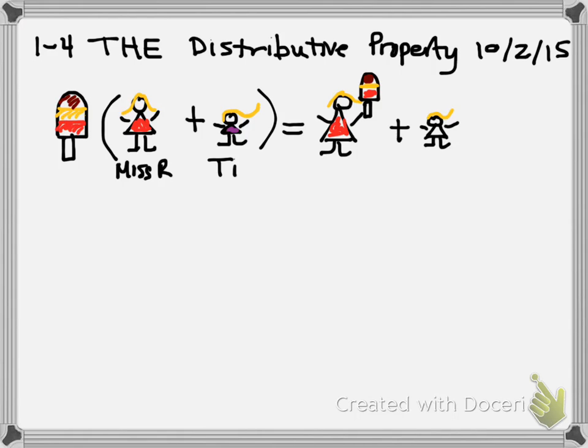And a purple dress. Shh. There's a lot of conversation going on. So this is basically the distributive property in action. Each person got what was being offered.